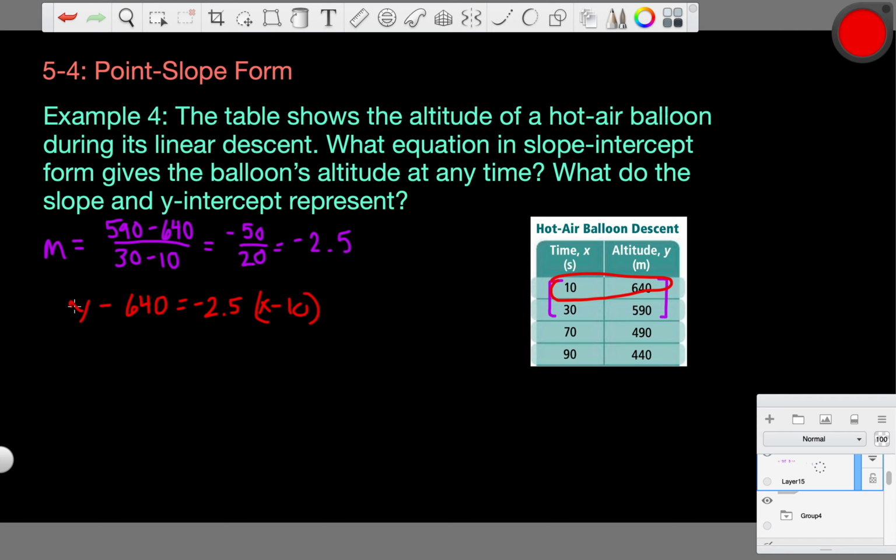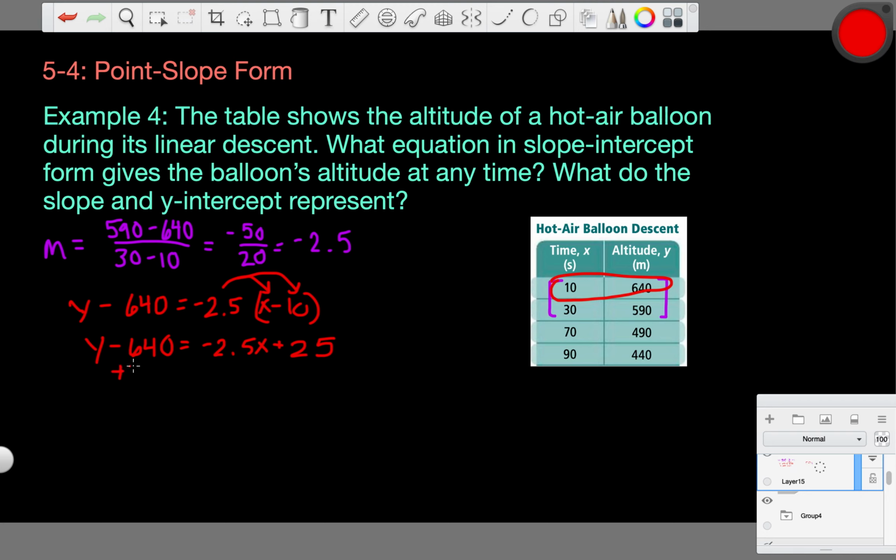Okay? So now, slope-intercept form is when our y is alone. So I'm going to distribute this negative 2.5, and then we're going to move this 640 over. So first we get y minus 640 equals negative 2.5x plus, because it's negative 2.5 and negative 10, so we get plus 25.